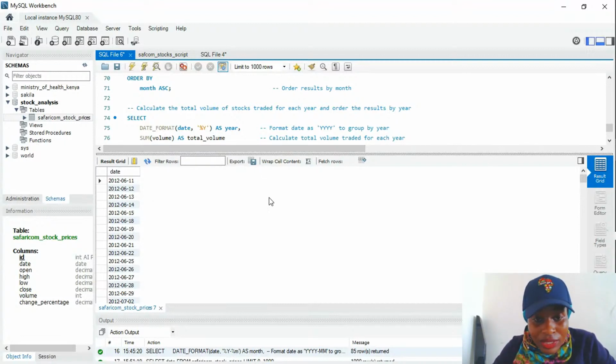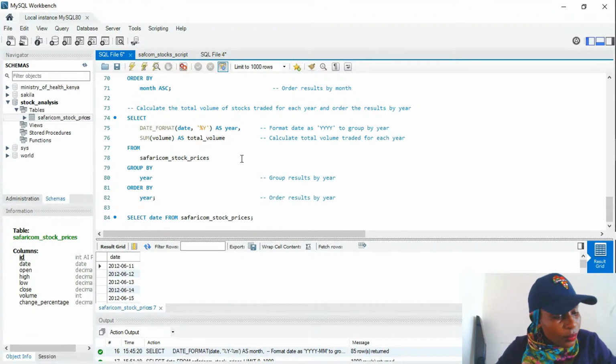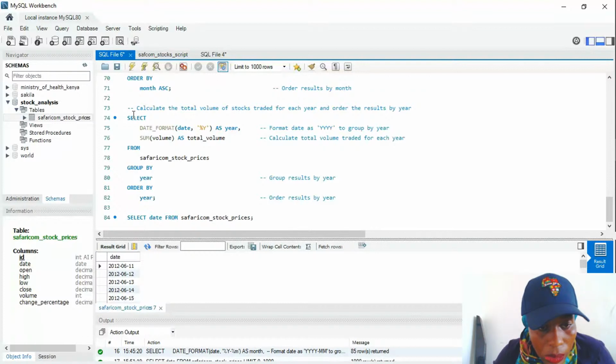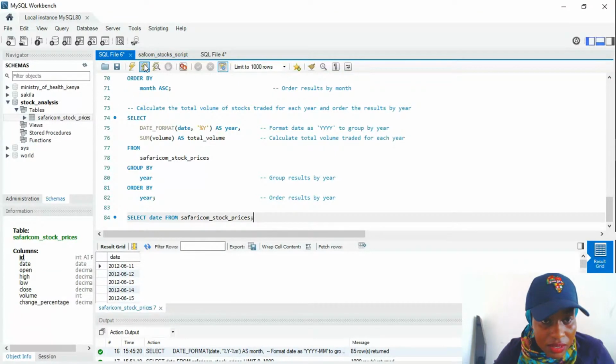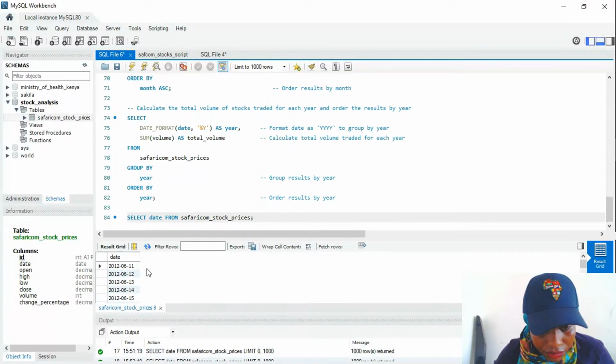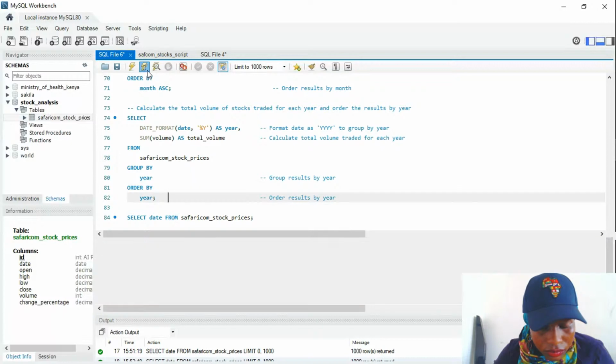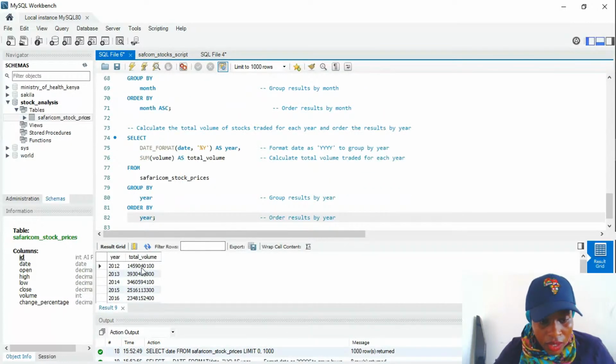So the next thing we wanted to do in market trends analysis is understand the total volume of stocks traded by the years. Let me just run this. Now we have the total volume shared.